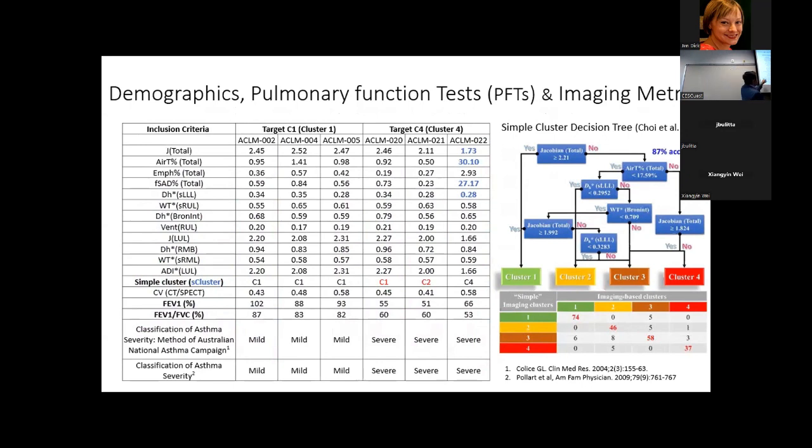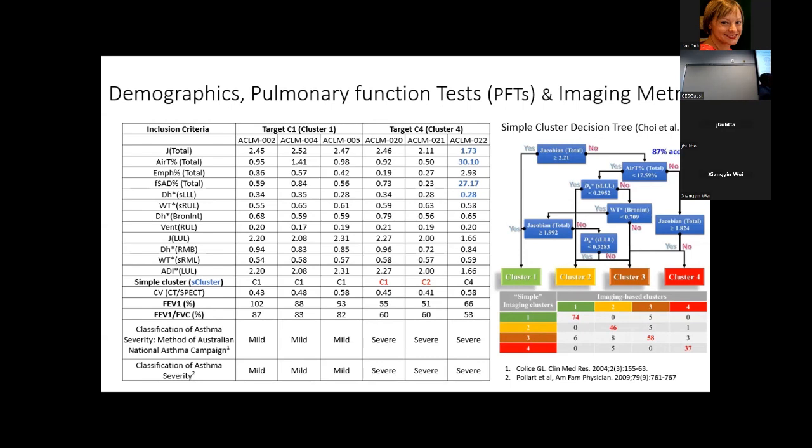However, if we use the previous cluster information, we design a simple cluster model on the right-hand side. That means we only use 4 variables to classify any new subjects. As a result, you can see the 3 subjects in cluster 1 belong to cluster 1, determined by imaging variables.